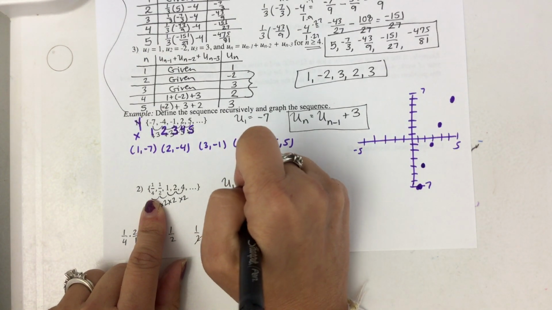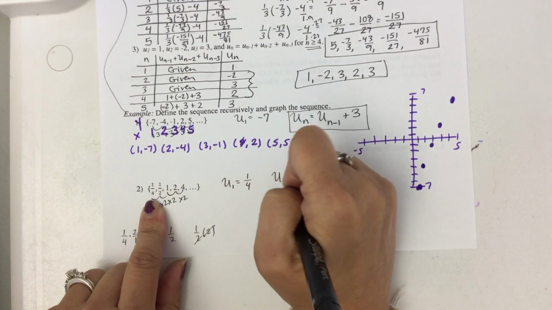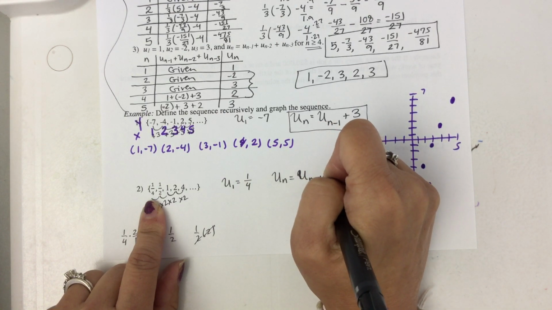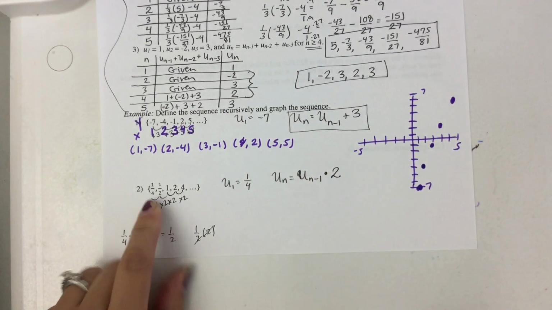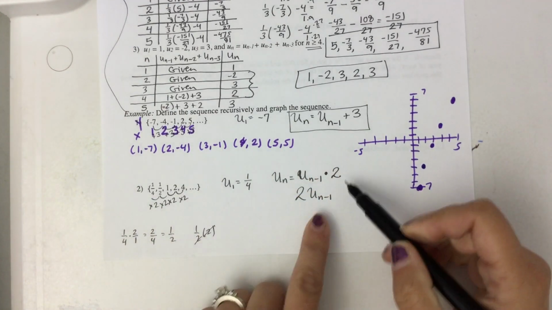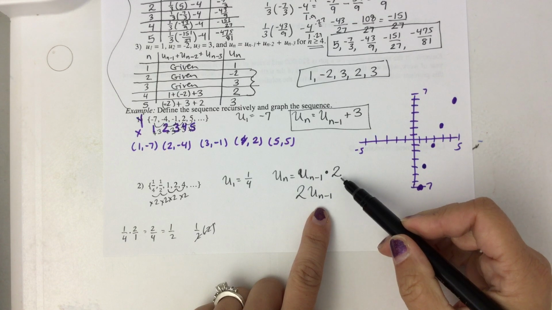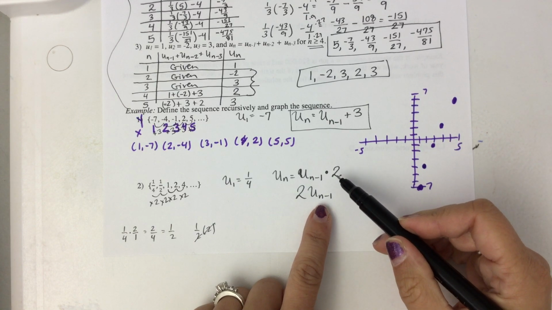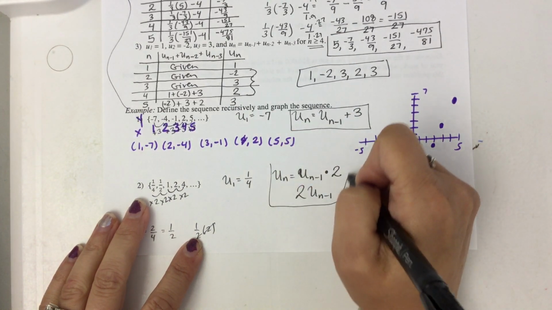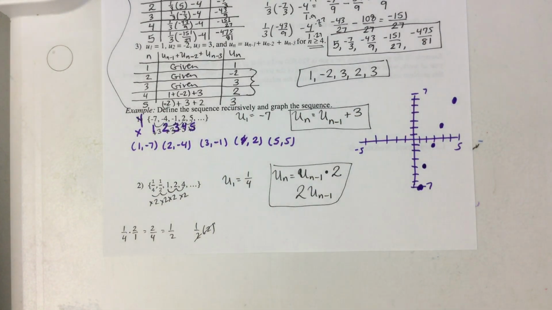My first term is 1/4. To find the nth term, you have to take the previous term times 2. Or you could write it 2 times the previous term. Either way is good to go. You're just saying take the term before, multiply it by a 2. However you want to write it is good.